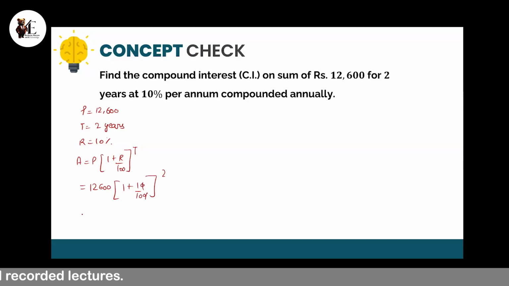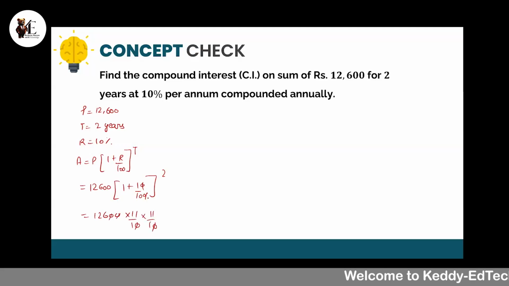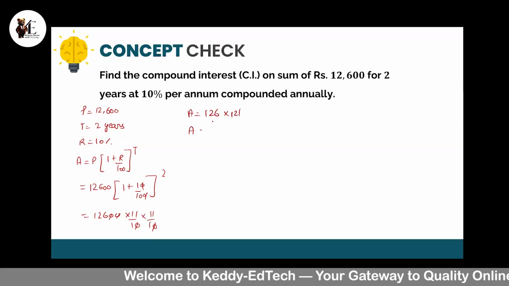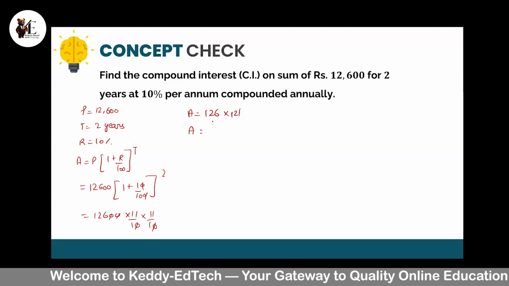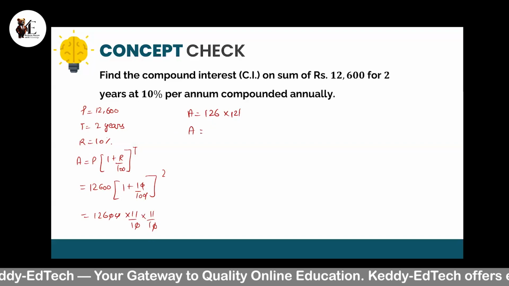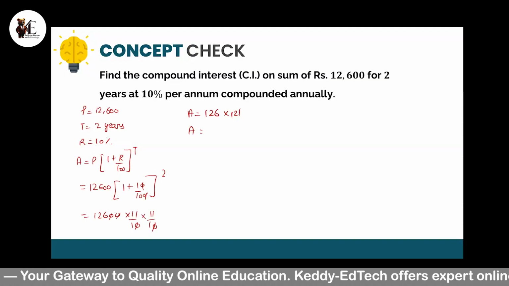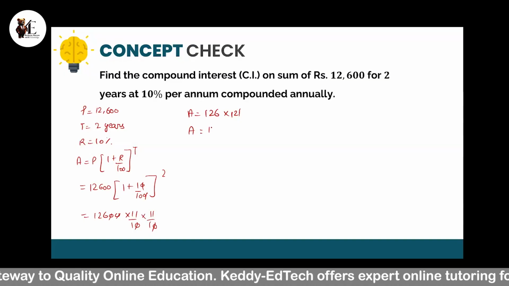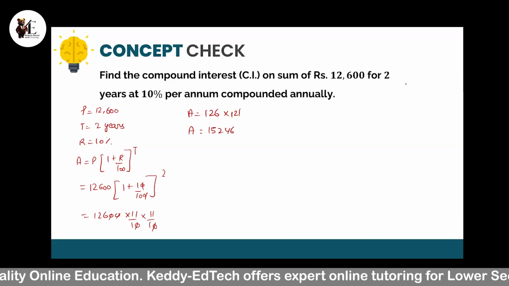One of the zeros will be cancelled out. If I take the LCM, it will become 11 into 10 into 11 into 10, or it will become 126 into 121. Let me multiply 126 and 121 by calculator. So I'm getting 15,246.